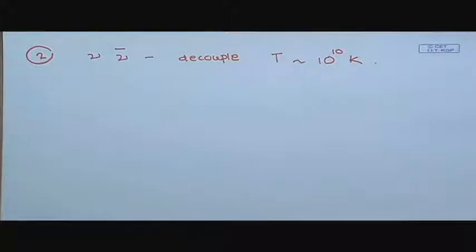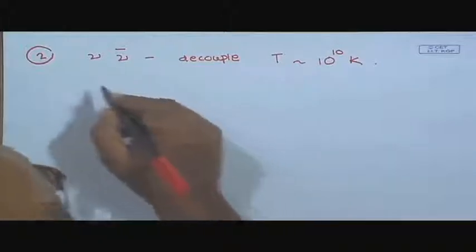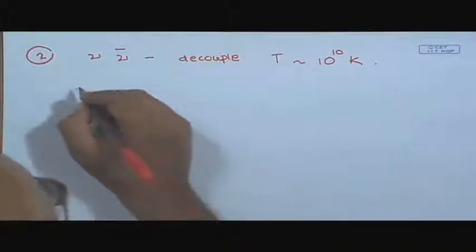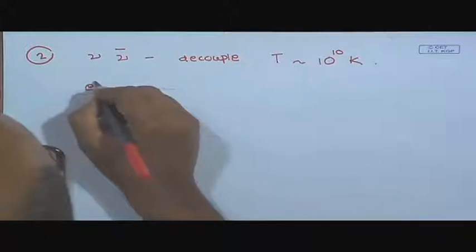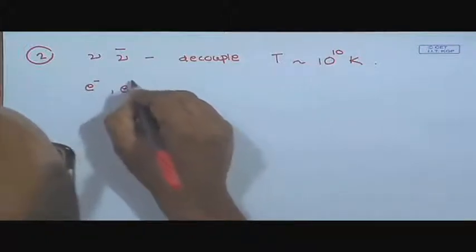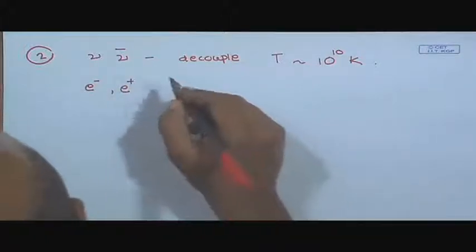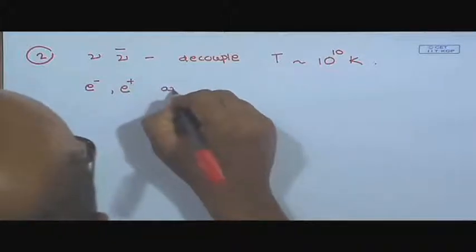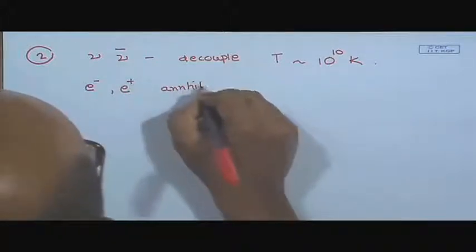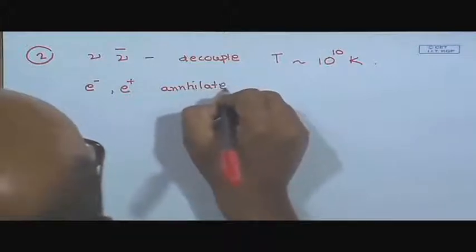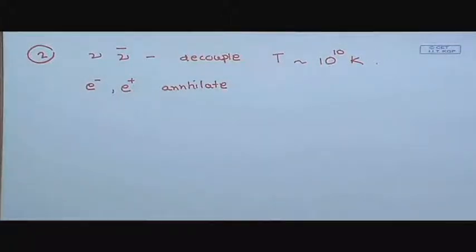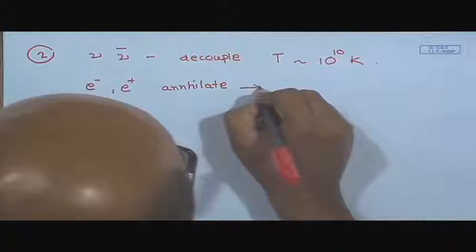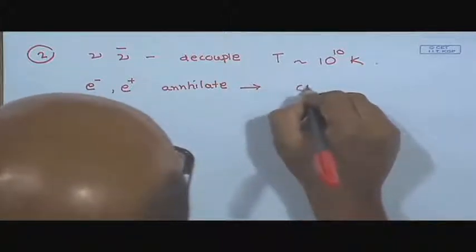and subsequent to this the temperature falls below the rest mass of the electron positron pair. So, the electrons and the positrons annihilate, dumping whatever excess energy they had into the CMBR, into the photons.